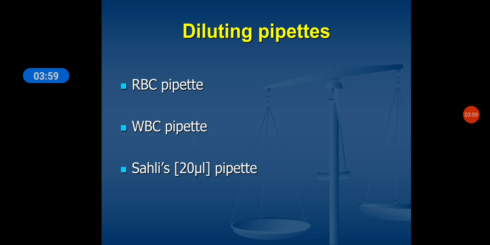Now an important and favorite viva question: what is the use of the bead? Why are there beads in it? One use is identification: the red bead is for the RBC pipette and the white bead is for the WBC pipette. It is also used for mixing, so you can mix the blood sample with the diluting fluid so that it does not get clogged.